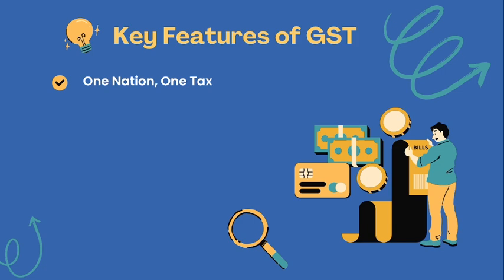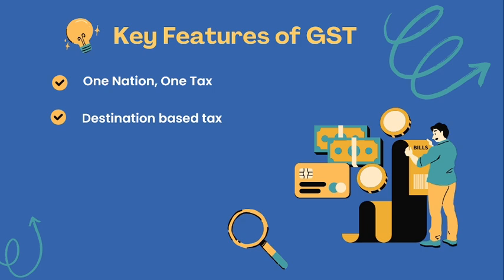Under GST, the same set of tax laws, rates, and procedures apply uniformly across the country, ensuring that businesses and consumers face a single, transparent tax structure regardless of location. This has removed state-level barriers, reduced double taxation, and created a common national market where goods and services can move freely, truly bringing India under one unified tax system.